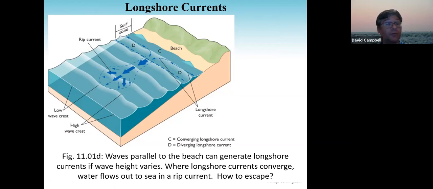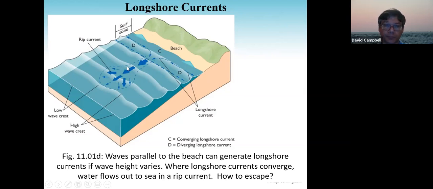Rip current, rip tide, it's not an accurate name, it's not a tide. But it's a relatively narrow and fast flow. Also, a rip current does not pull you under, it just carries things out. But out in the ocean is not really where you want to end up.